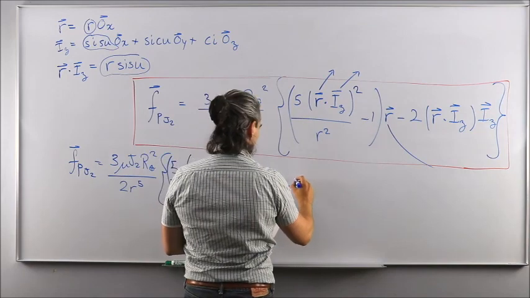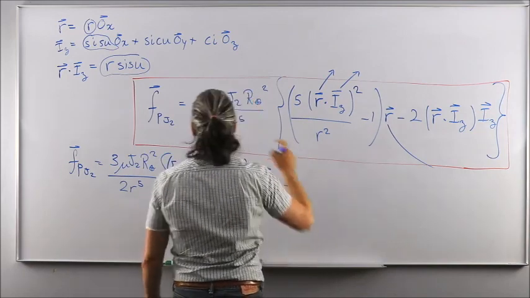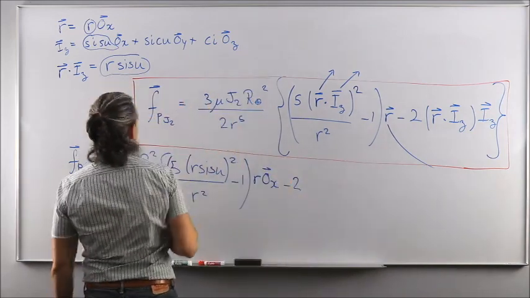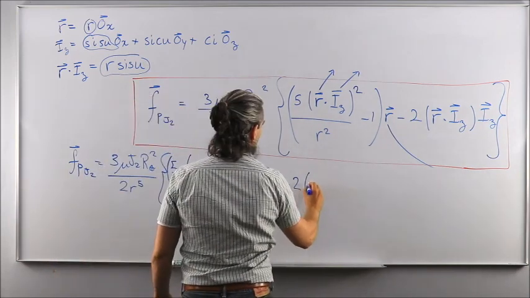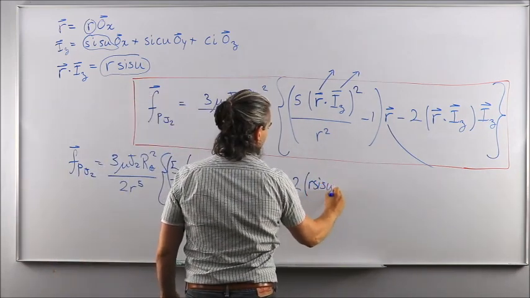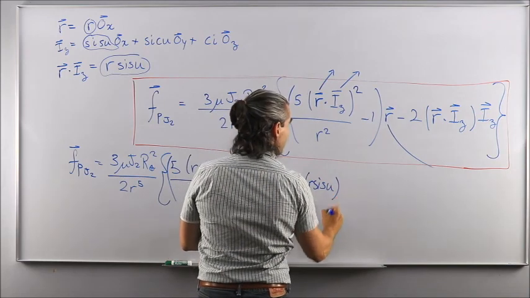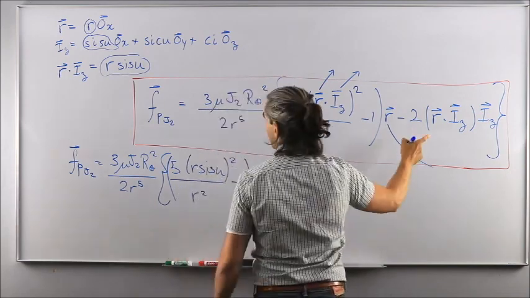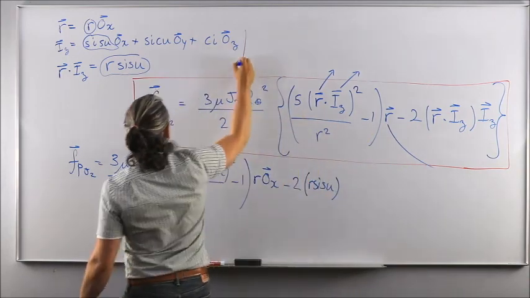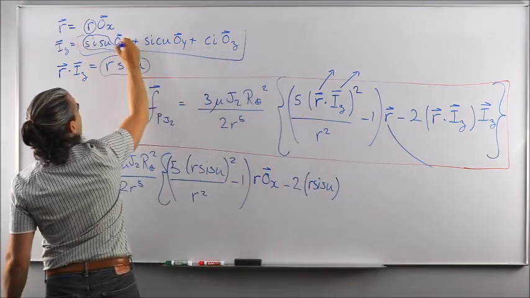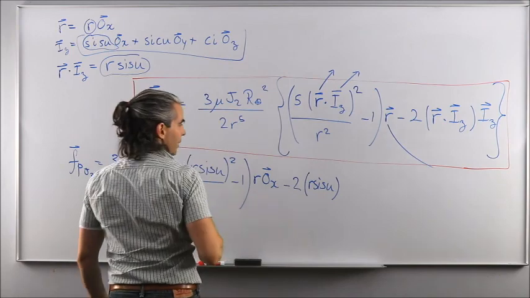Minus 2. 2 times what? Well, 2 times R dot IZ. So 2 times R sine I sine U times IZ. My IZ has components along X, Y, and Z of the orbital reference frame.